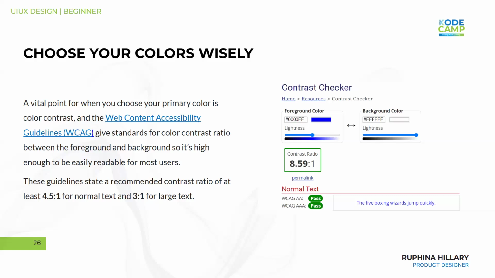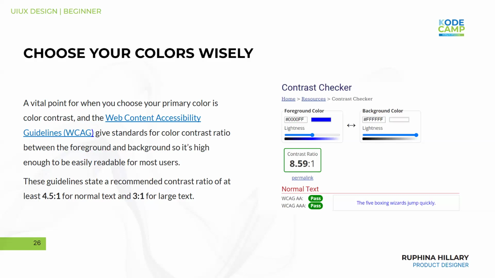color contrast, right? So a vital point for when you choose your primary color is the color contrast. The standard for color contrast ratio between the foreground and the background has been given by the Web Content Accessibility Guidelines.